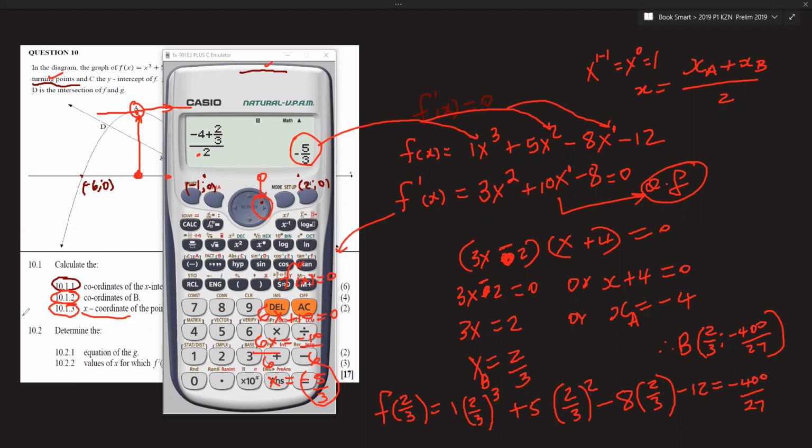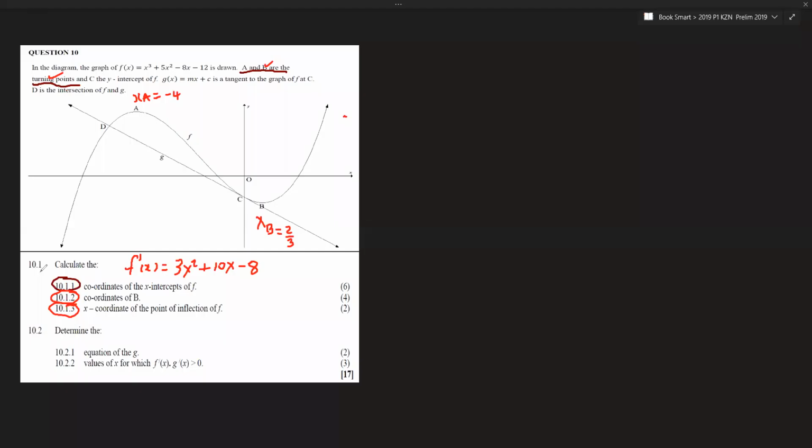We're left with 10.2. We're going to look at 10.2 just now. Okay. So here on 10.2, they say we must determine the equation of the tangent G. Remember, they told us that C is the point where the tangent and the F meet, right? But I can also see that C is the y-intercept.